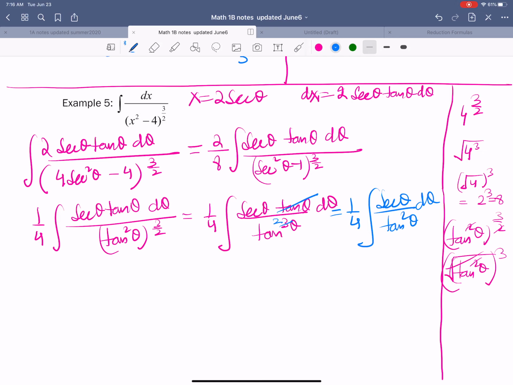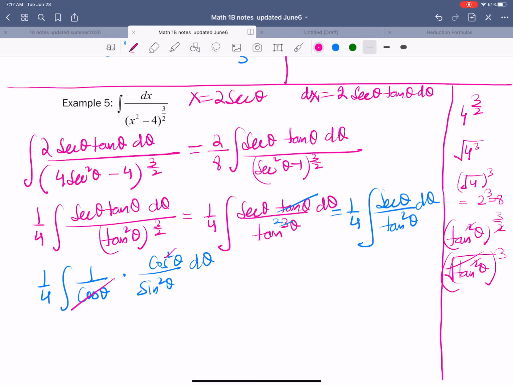Let us see. I'm going to try to convert everything to sine and cosine because that's what I think might help. Cos theta. Tangent squared theta is sine squared theta over cos squared theta d theta. Okay, so looks like one of the cosines can be cancelled.